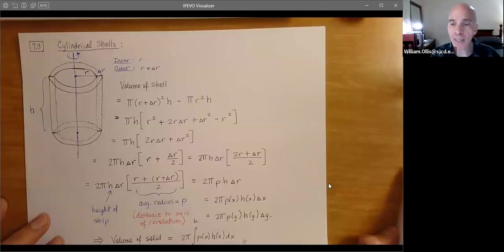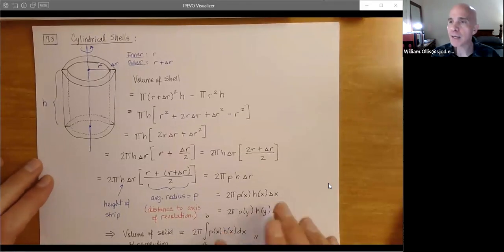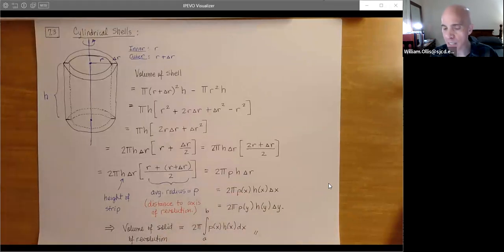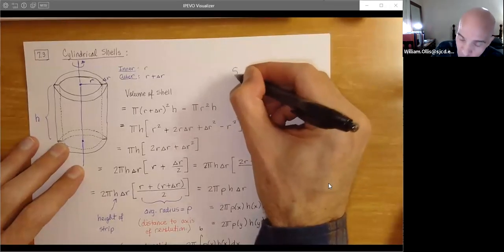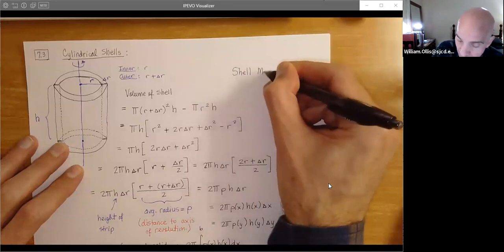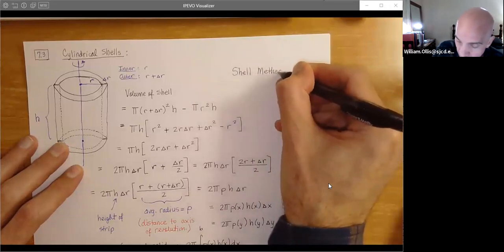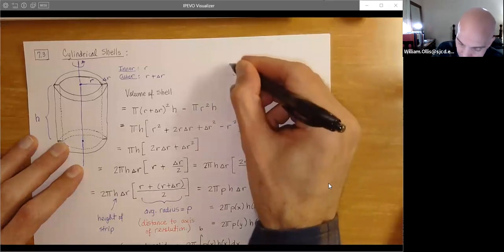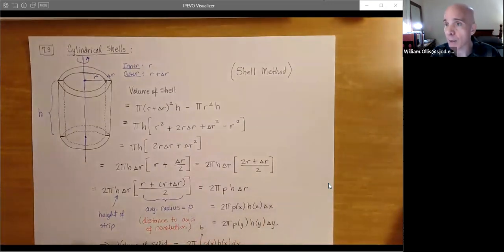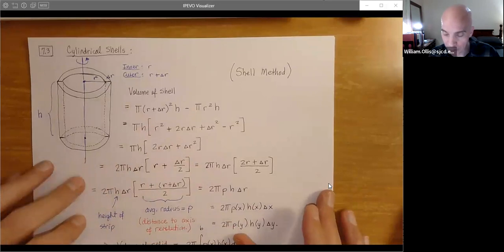Okay, so now let's take our newfound friend, the cylindrical shell method. Now for short, of course, we're lazy. We just say shell method. You can certainly say cylindrical shell method, but I think I'll probably stick with shell method. That's like saying the circular disc method or whatever, but we'll go with the shorthand.